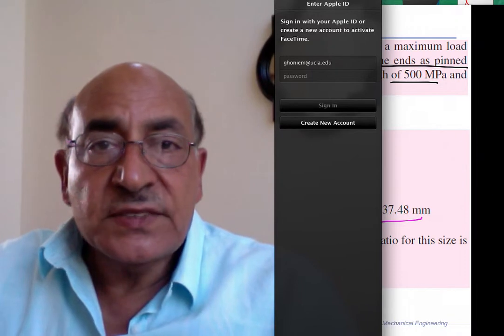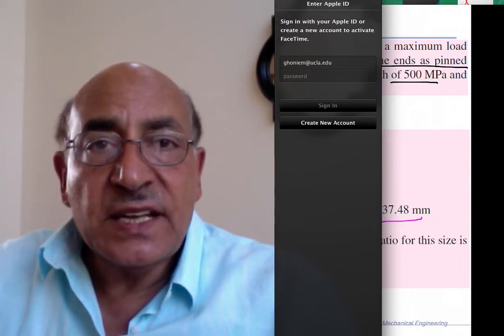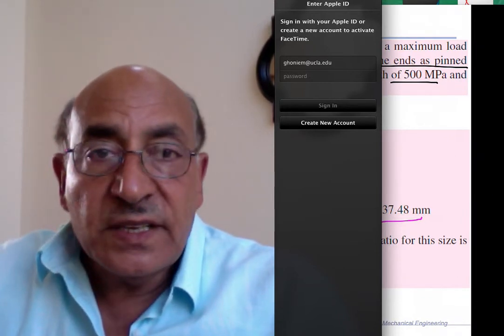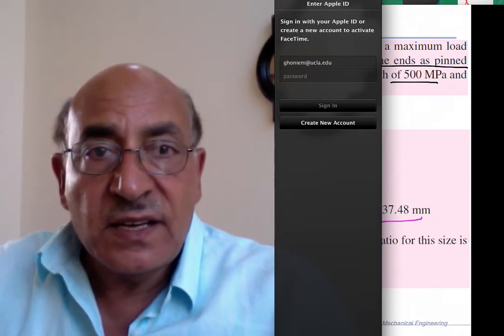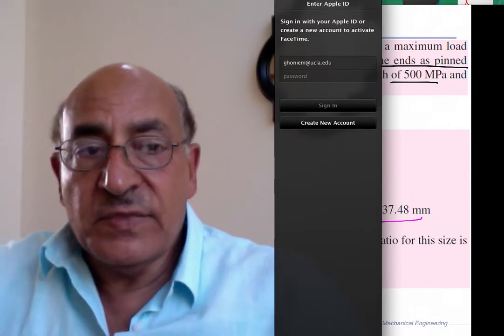When you go out and buy or order rods, for example, we cannot order a rod that has a diameter of 37.41 millimeter. It has to be the nearest, and we always round it up to the higher value, and that is in this case 40 millimeter.